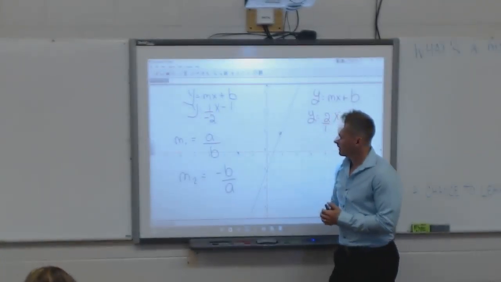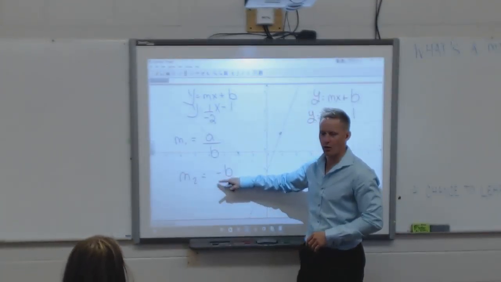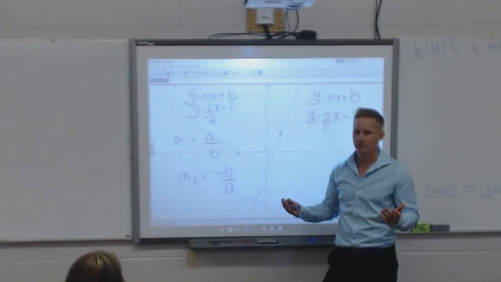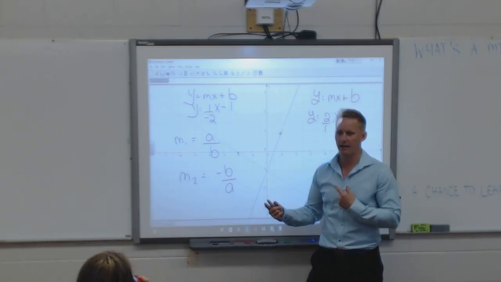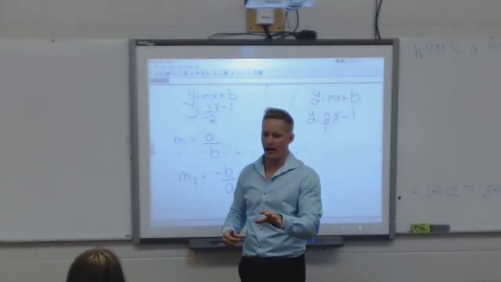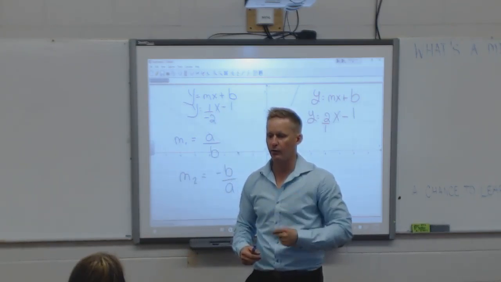That's what I'm trying to say. It could be here or here. But what if they're both negative? Then they're positive. A negative divided by a negative is a positive. So just to clarify that, 3 over negative 4 is the same as negative 3 over 4.